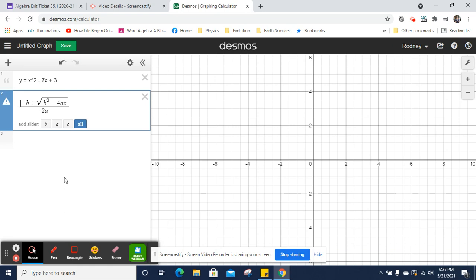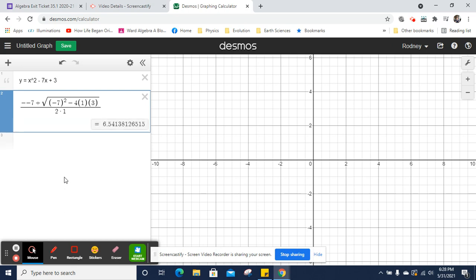Okay, I'm going to deal with the minus version in a second. We know that a is 1. We know that b is negative 7. So wherever it shows up, we'll put in a negative 7. I left out this a, so this a is, of course, 1. And the c is 3.